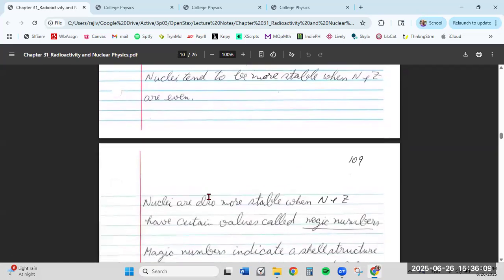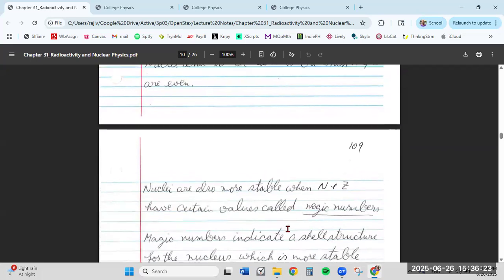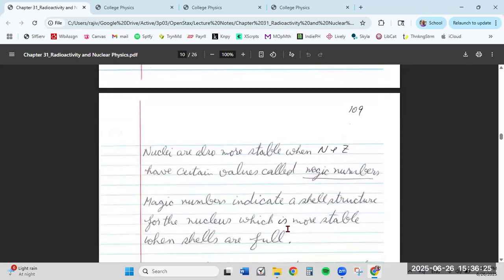Nuclei also tend to be more stable when N and Z have certain specific values, which are called magic numbers. Magic numbers is reminiscent of how electrons in an atom are, where you have the inert elements on the rightmost column of the periodic table, where all the shells are complete.